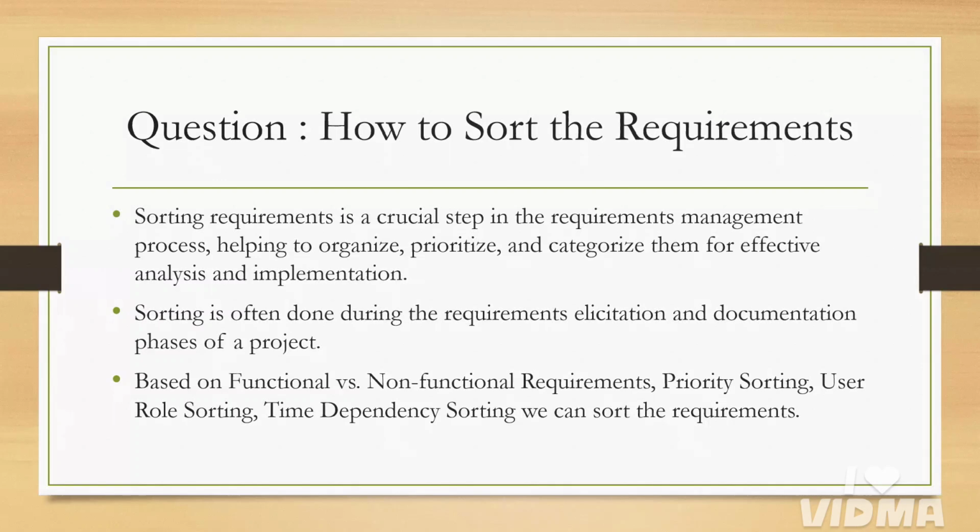Based on the functional and non-functional requirements, we will be sorting them by giving points. When we use this sorting, we prioritize each and every requirement by giving it some value, for example priority points for each requirement. Previously also, you have heard that we need to give priority points.